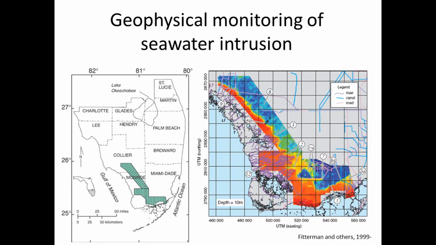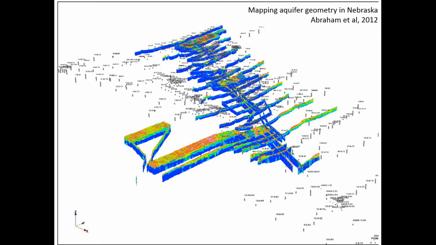It's a pretty nice contrast between the seawater and the freshwater. So you get resistivity contrast. It's a pretty effective tool at mapping that out. And then this is a 3D view where they have a bunch of airborne EM data and they're looking at mapping an aquifer. So I'll just zoom in here.